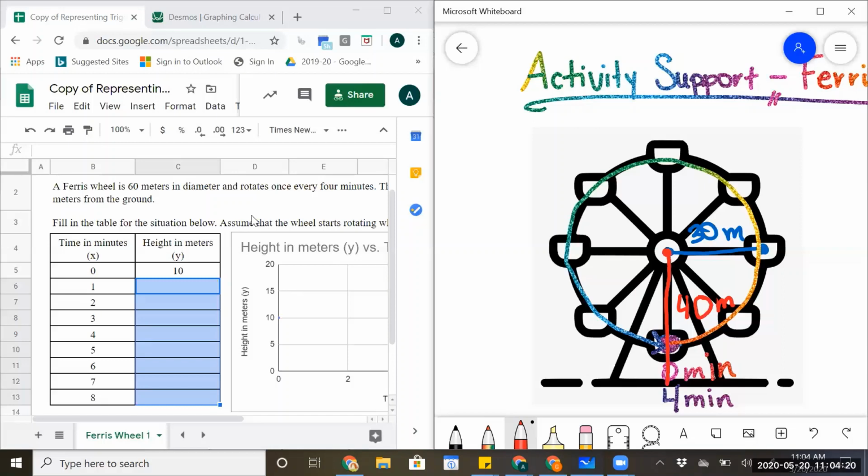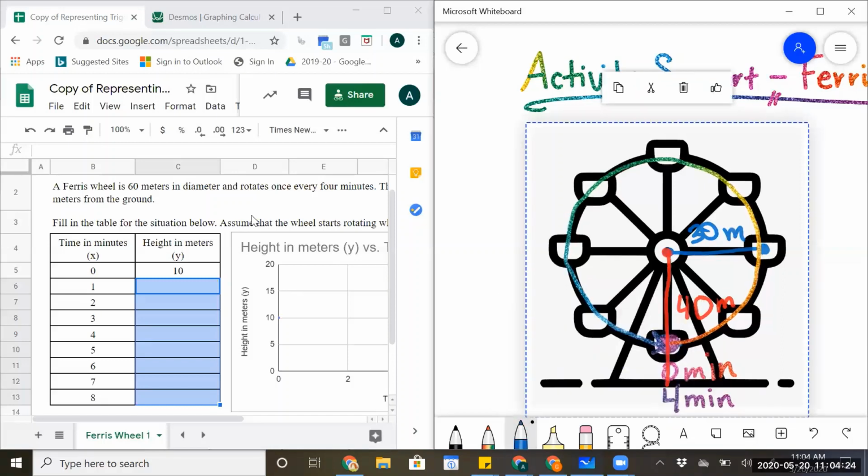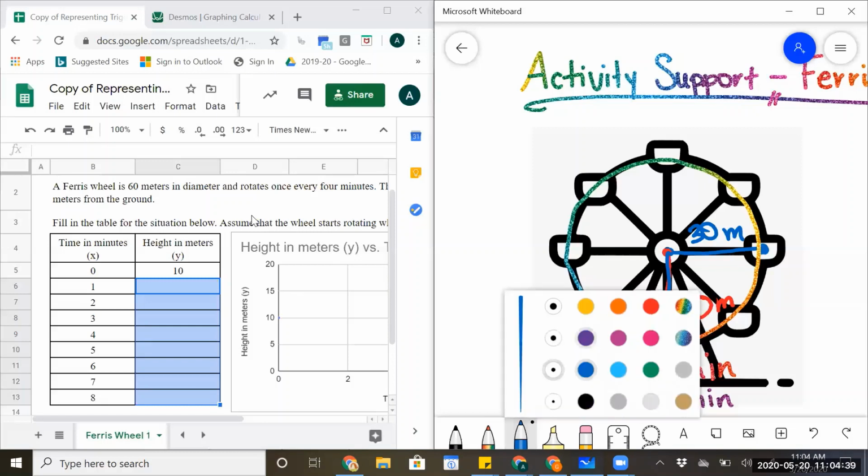Well, if we think about this, let's think back to the radius of 30, right? So here is my radius, 30. But I knew that the whole Ferris wheel, its center itself, is raised off of the ground 40, and so that's how we're getting 10.